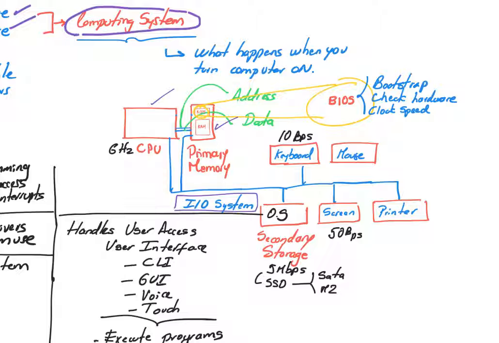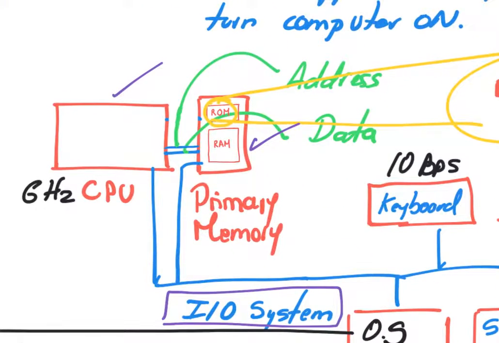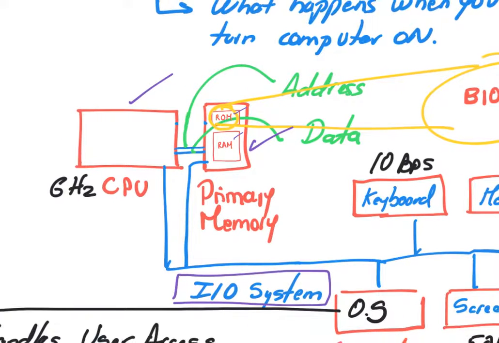As you already know, the primary memory is made out of two things, the ROM and the RAM. They have different purposes and different features. For example, ROM is read-only and non-volatile, and RAM is volatile.